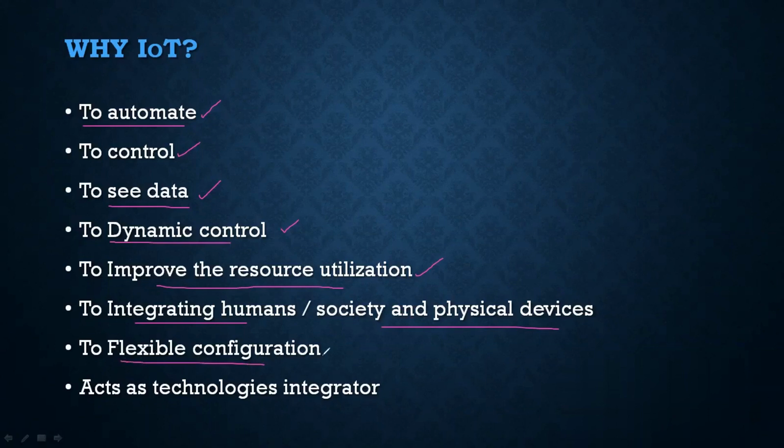For example, when any software update comes, the IoT system automatically updates itself with minimal intervention of the user. So here flexible configuration of the data is also possible without human interaction, and it acts as a technologies integrator.